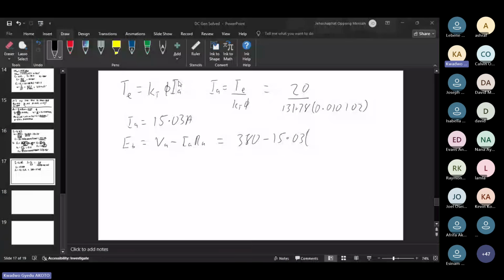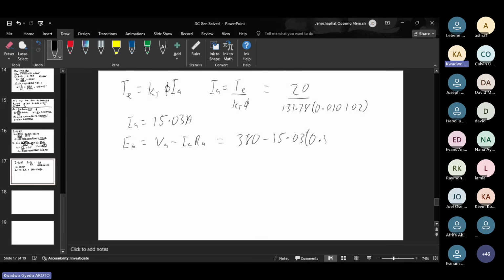times our RA, which is 0.5. Then we are going to get our EB to be 372.485, right? Okay.